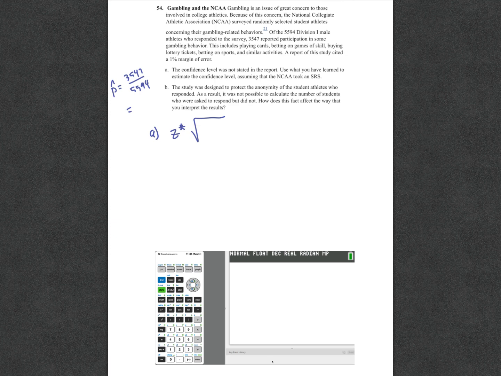That's the proportion of the sample that said they had some type of gambling behavior, I guess that year or whatever. And that ends up being 0.6341. So that's the p-hat we'll use.